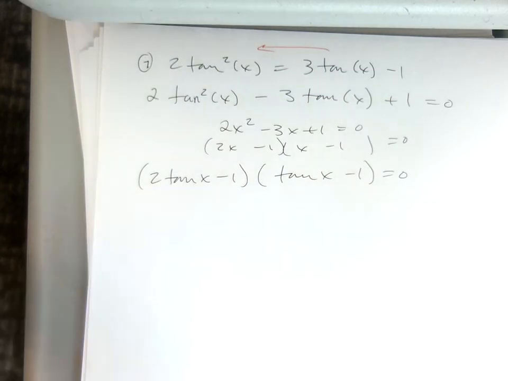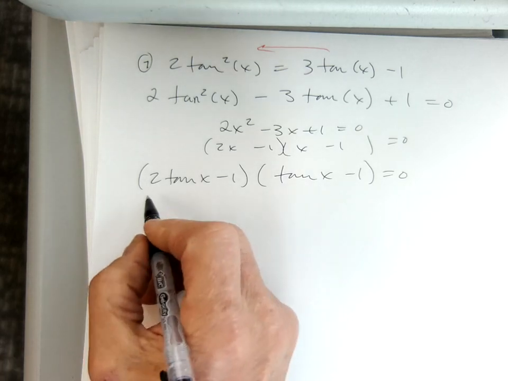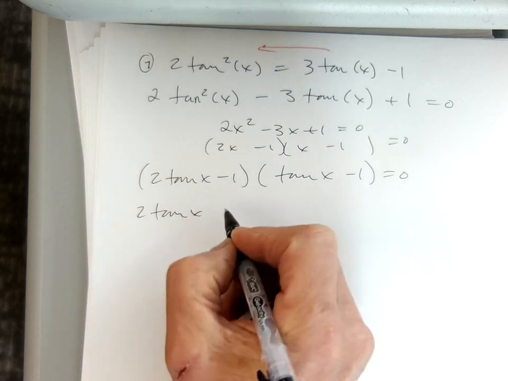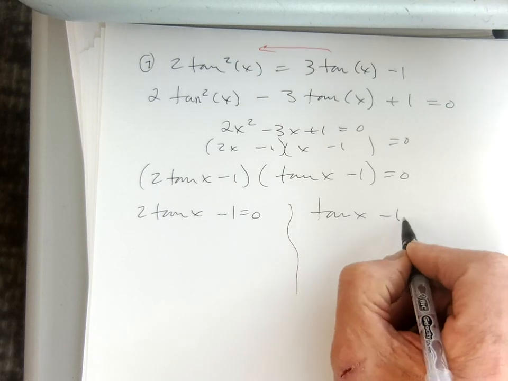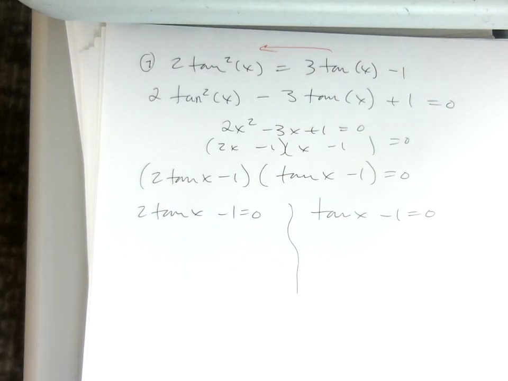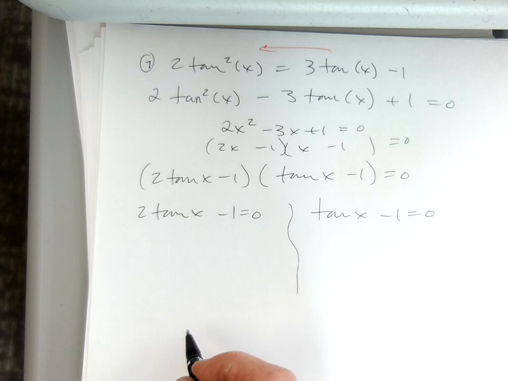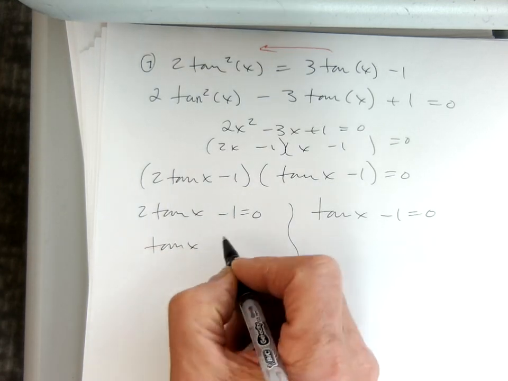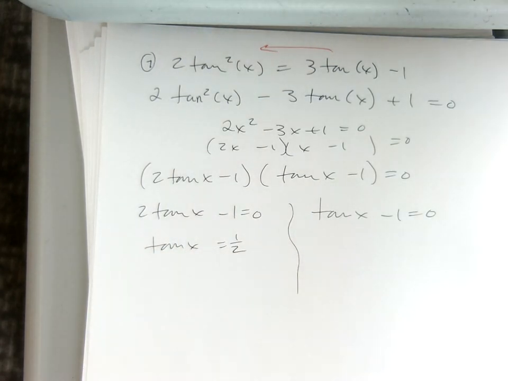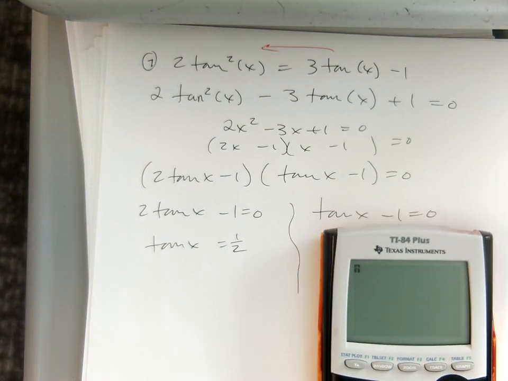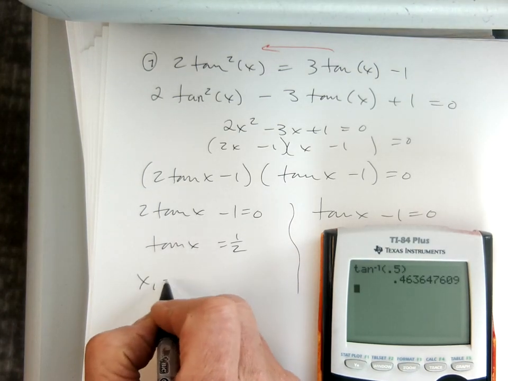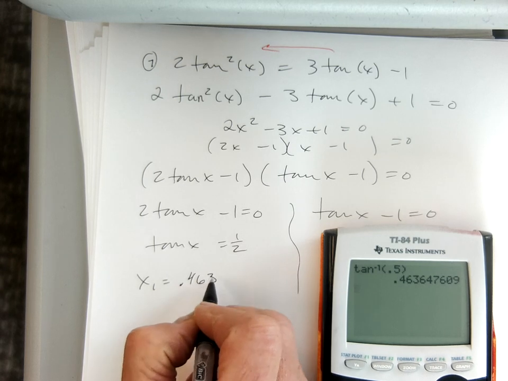It's pretty similar to our warm-up, isn't it? Not exactly the same one, but close. Mini equations, so I get 2 tangent of x minus 1 equals 0 and tangent of x minus 1 equals 0, right? Tan of x equals 1/2. I'm going to need my calculator. That's not on the unit circle, so tan inverse of 0.5. The first angle is 0.463, blah, blah, blah.